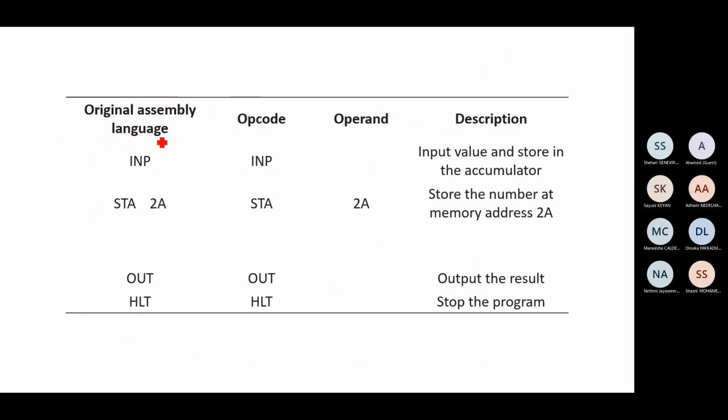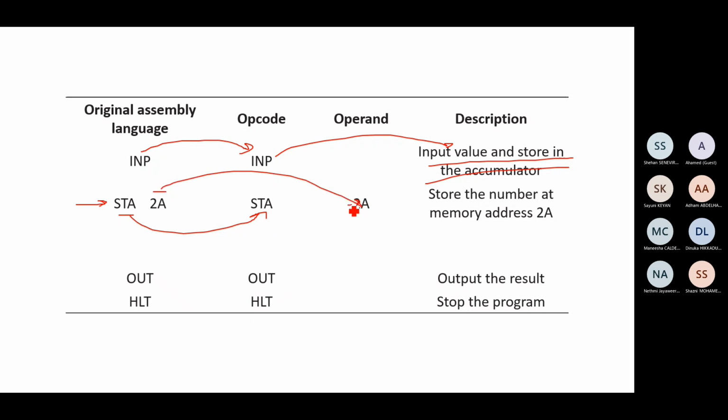Basically, this original assembly language provides an opcode INP, and there's a specific description: input a value and store it in the accumulator. Again, the second statement is STA 2A. I have divided it into two parts. The first part is the opcode STA, the second part is 2A, and you are able to store the number at the memory address 2A.